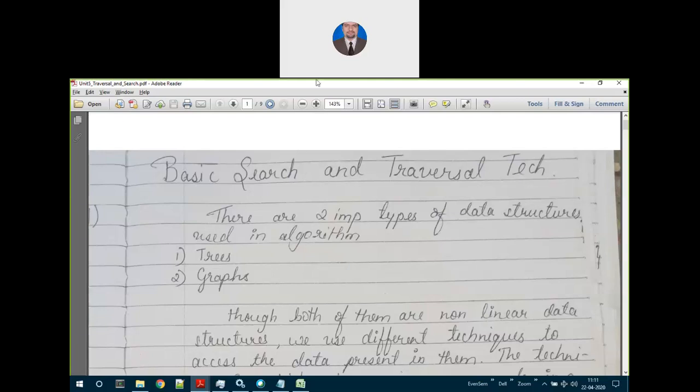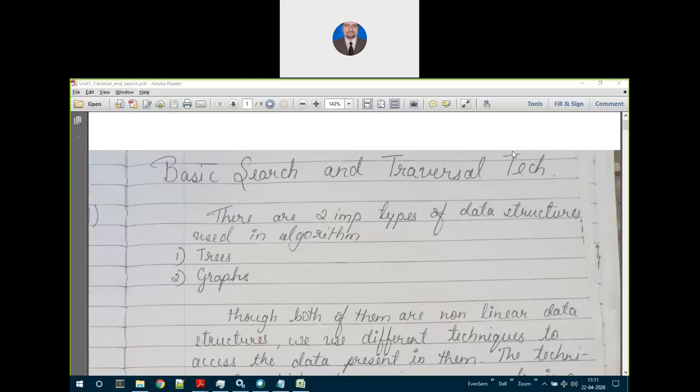Anybody can just answer. Yes, Manisha. So Manisha, have you studied trees in data structures? You have studied, right? Okay, fine.